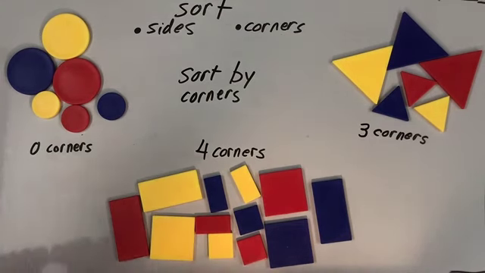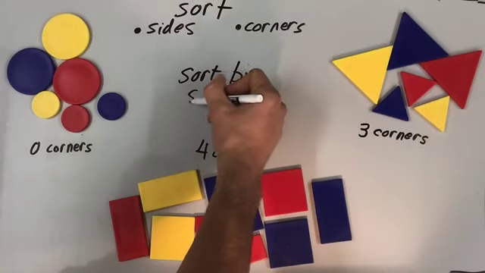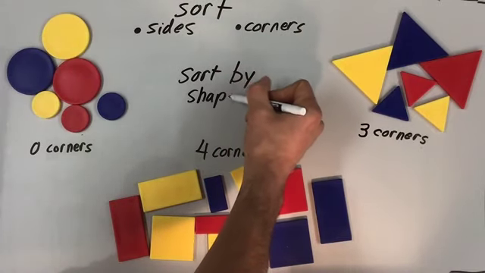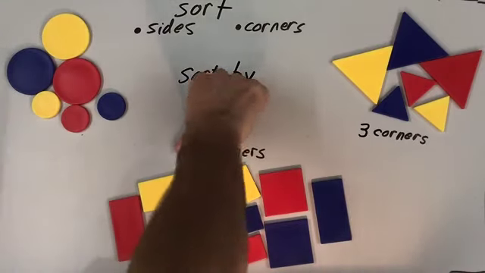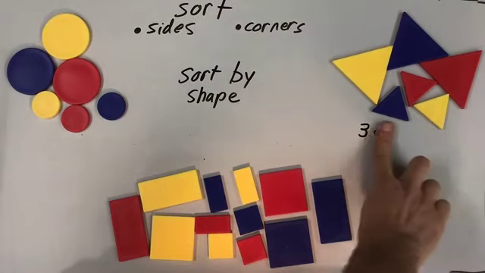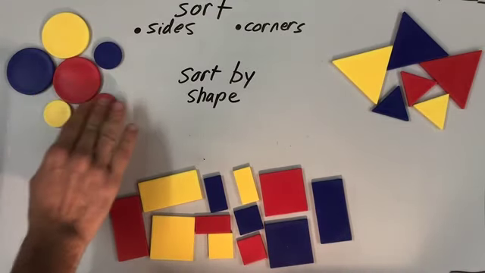I'm going to do one more sort. And this is an interesting sort because our groups are going to change just a little bit. I'm going to sort by shape. So, some groups will change and some will not. Will this group change if I'm sorting by shape?